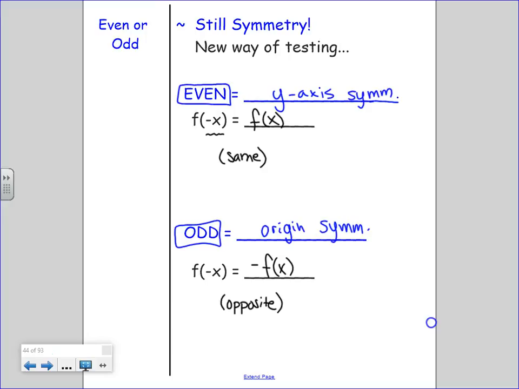Now, when you get to even and odd, remember, even and odd is literally just two different names for symmetries we've already done. When you get there, go back to symmetries. You have them in your notes. Use your old notes to help you out.